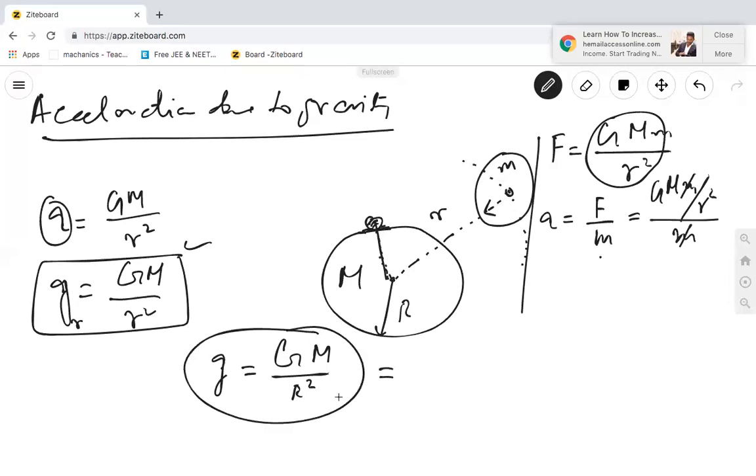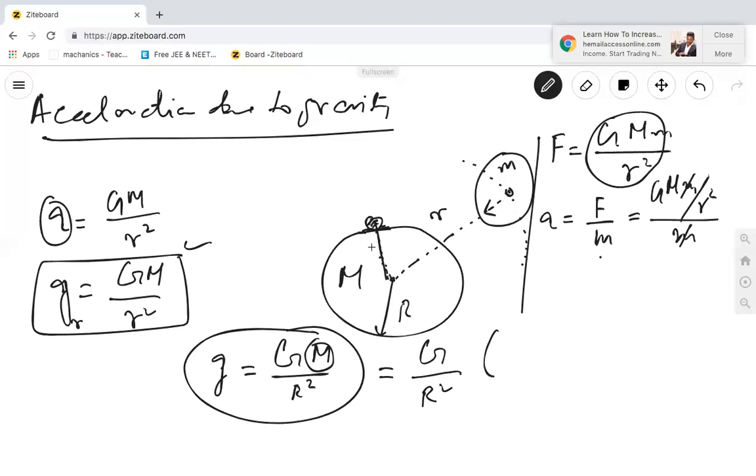If you want to put it in some other form, g is G M by r squared.